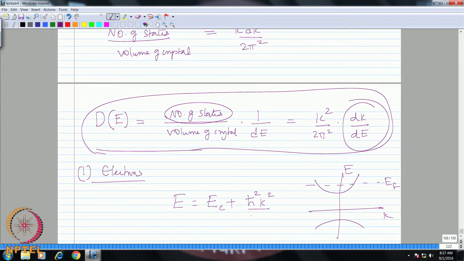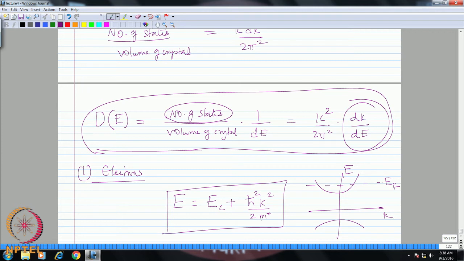So, therefore, for such a case we have already made the parabolic approximation, used Taylor series, and then we have obtained the dispersion relation as what? M star, this is your effective mass of the crystal. Okay. So, although it may look deceptively similar to the energy of a single electron in a quantum well, this is for the entire crystal, considering the potential energy constraint in a crystal and so on.